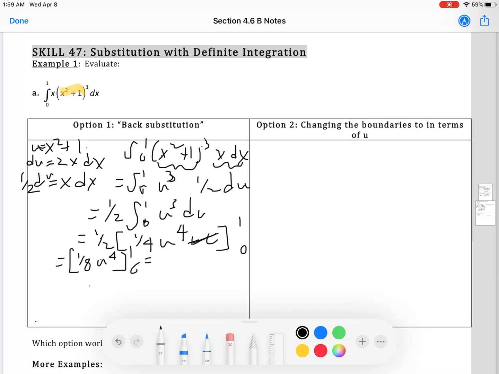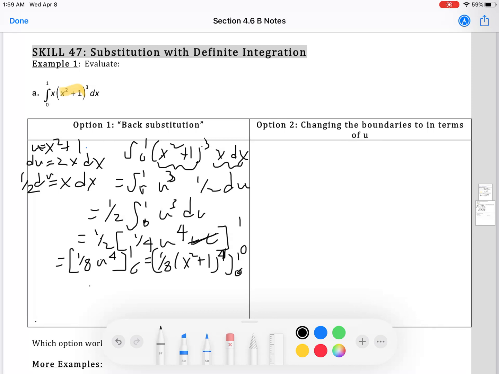It's called back substitution because we put back in that expression for u. So that's 1/8 times x squared plus 1 to the 4th. And we're evaluating it from 0 to 1.